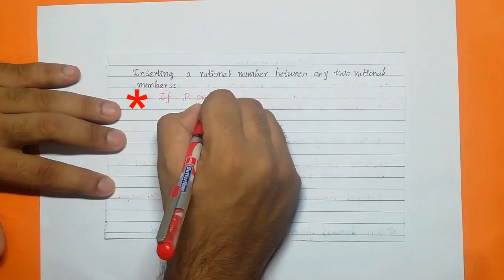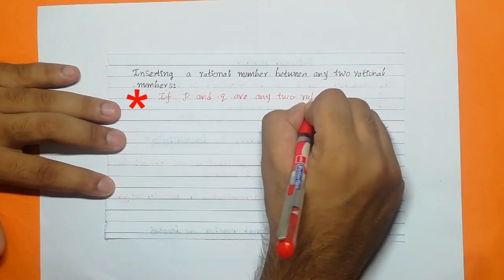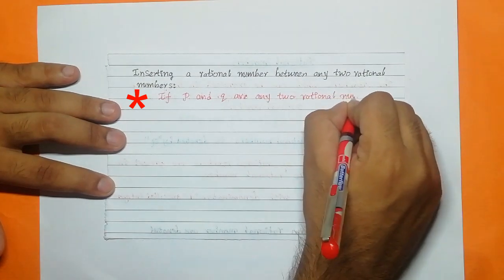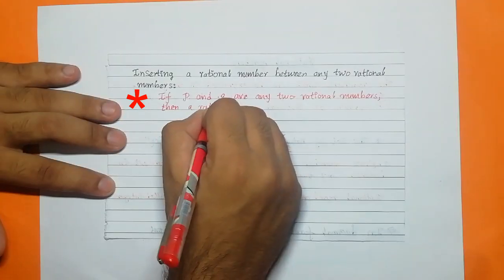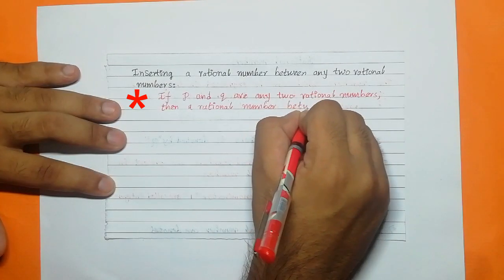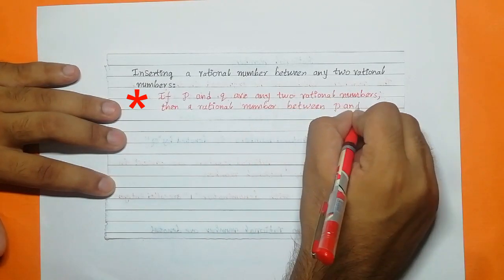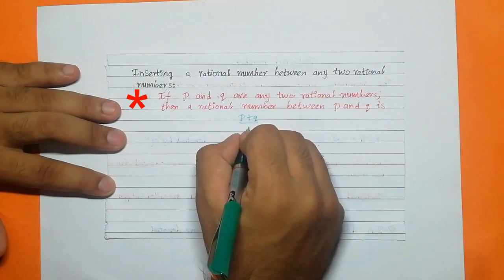If p and q are any two rational numbers, then a rational number between p and q is (p plus q) by 2.